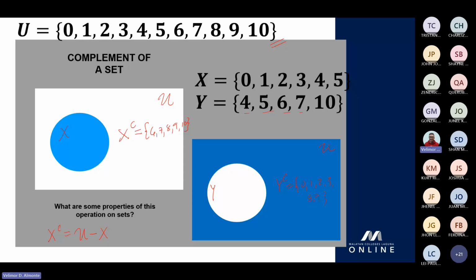Now, for set difference, X and Y may not be related. But for complement, the set is always a subset of the universal set. But you can say it's also set difference, just a special set difference where the universal set is being used. Another property: the complement of the complement of X is X, the original set.